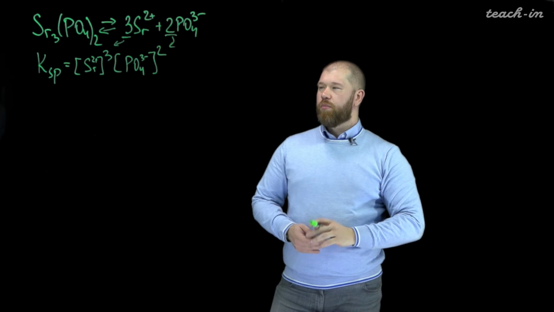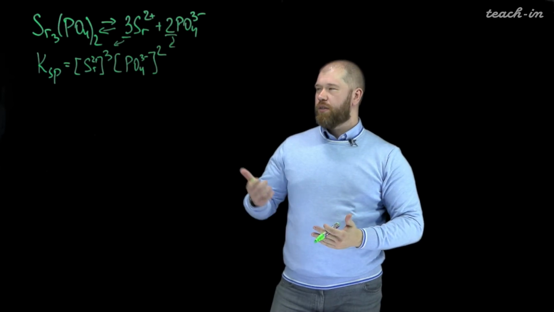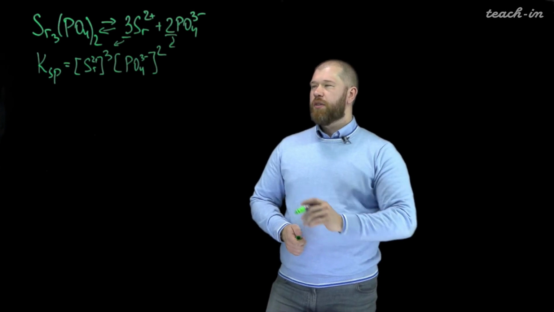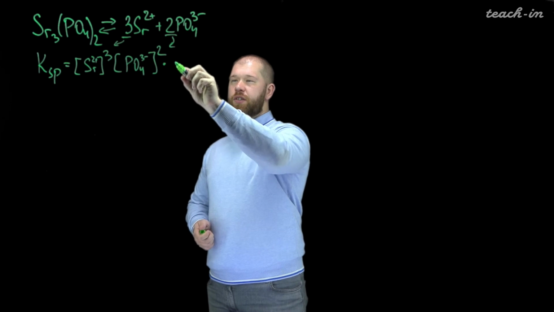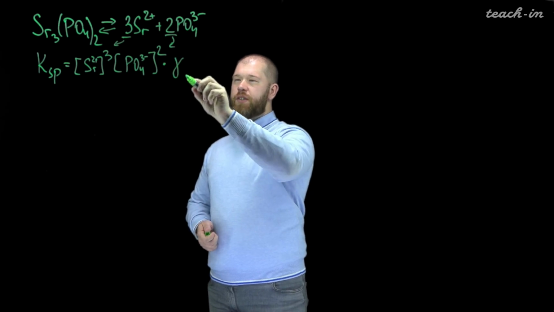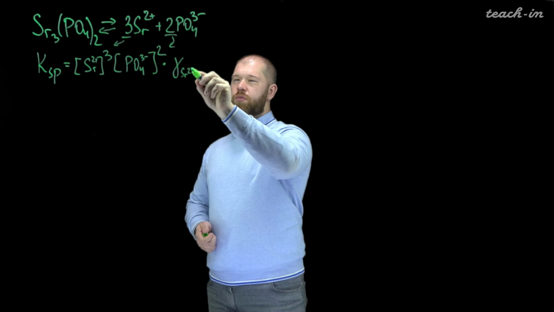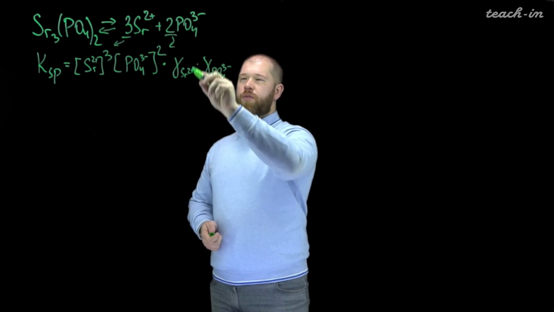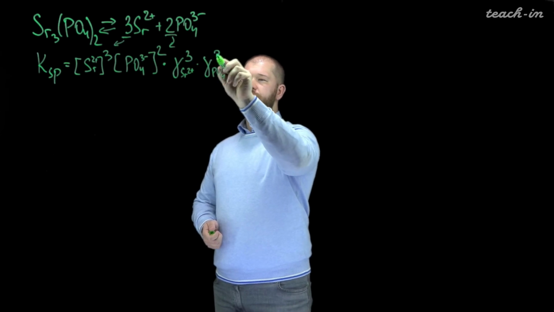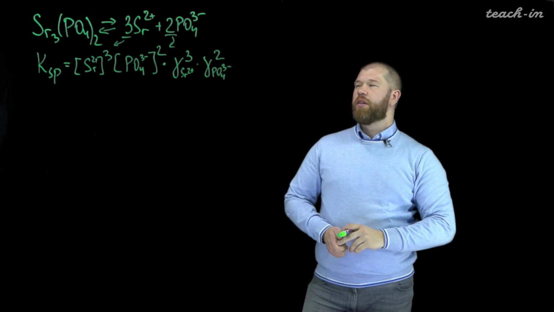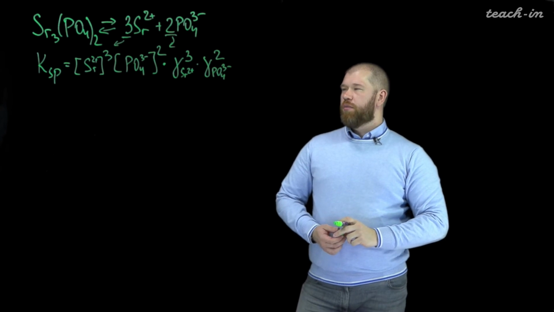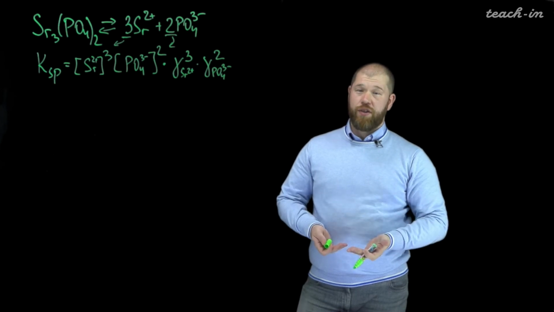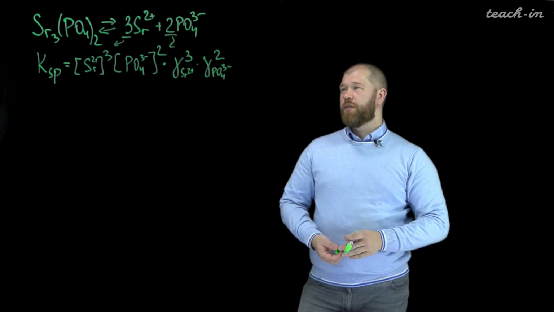Okay, but as far as the solubility product is a thermodynamic parameter, we will multiply these concentrations by the activity coefficients of strontium and phosphate, and we will not forget the degrees, the same degrees. Okay. Now, what we need to calculate is the concentration of strontium and phosphate.